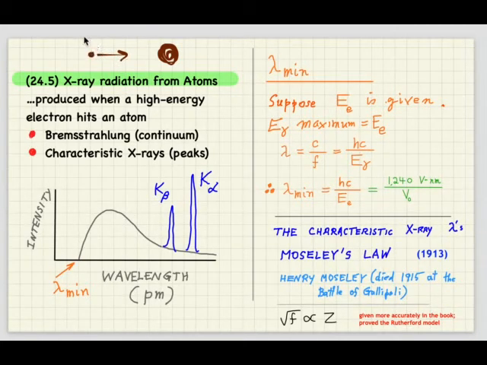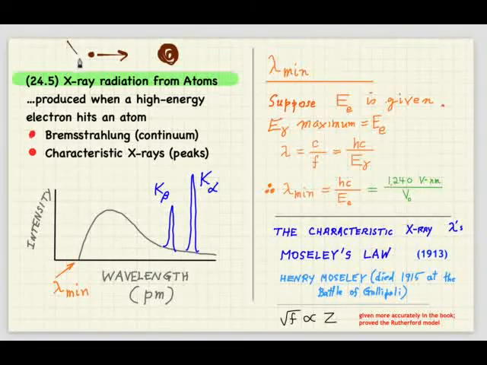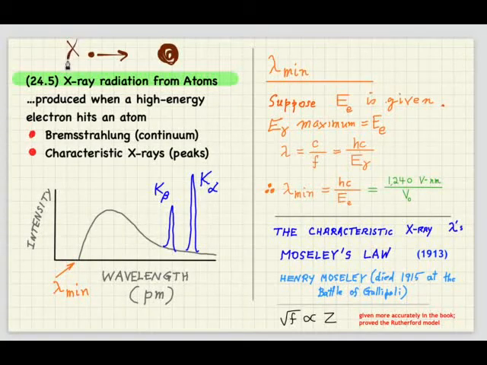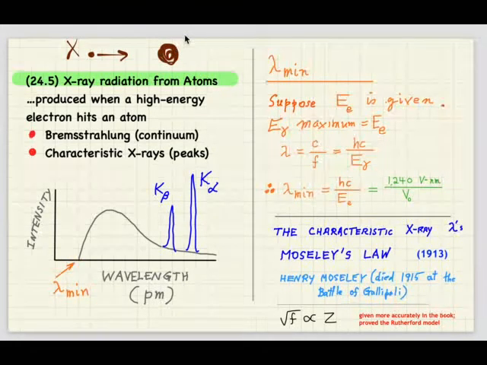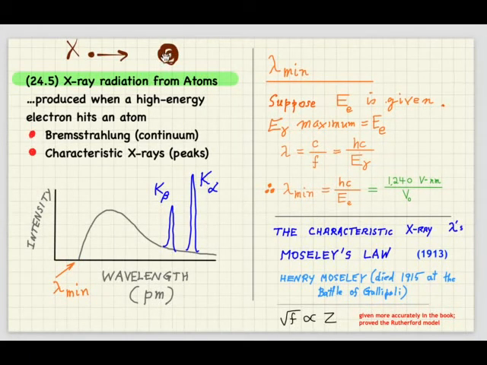That electron can knock one of the electrons in the atom out, leaving a space in the set of electron orbitals for the atom.